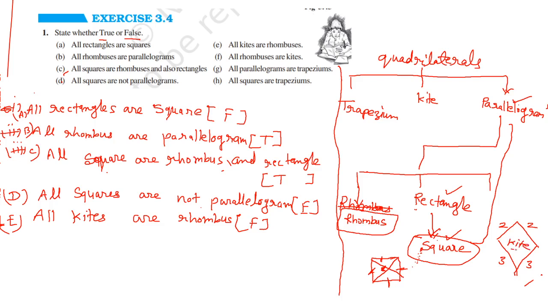Is this a rhombus also? No. All rhombuses are kites, but all kites are not rhombuses. A rhombus follows the properties of a kite, but all kites do not follow the properties of a rhombus.